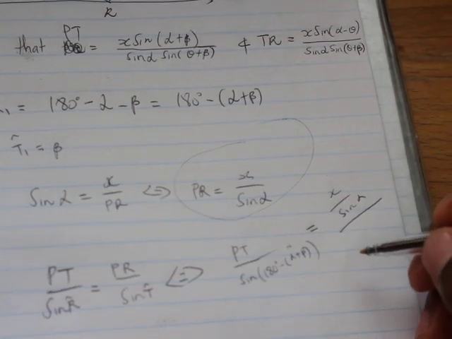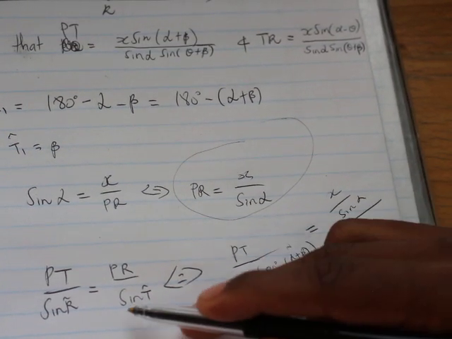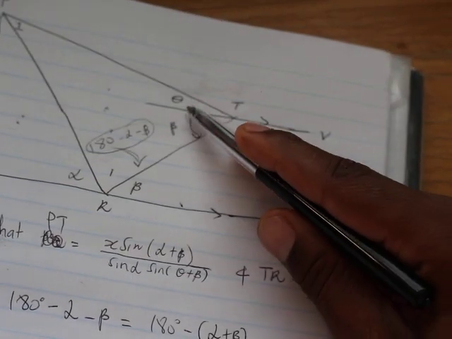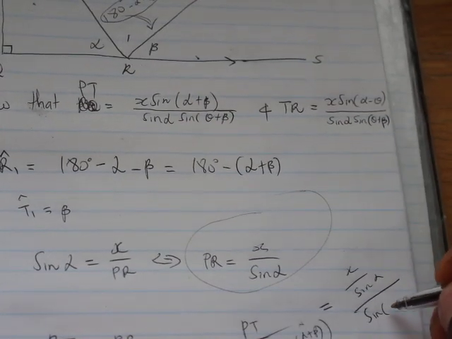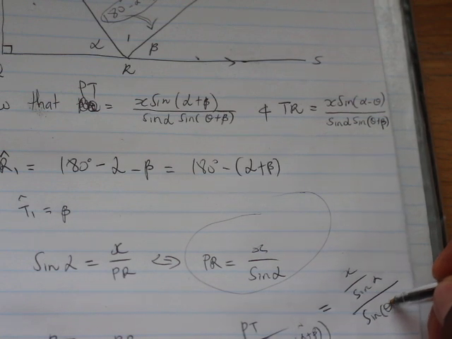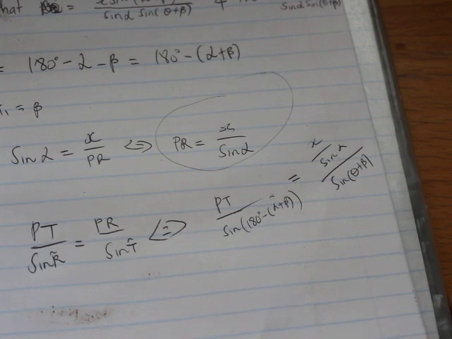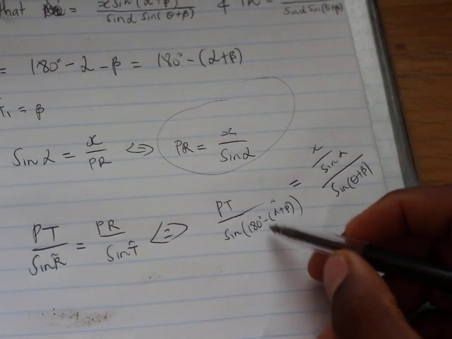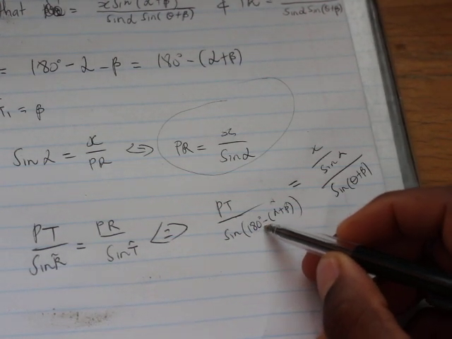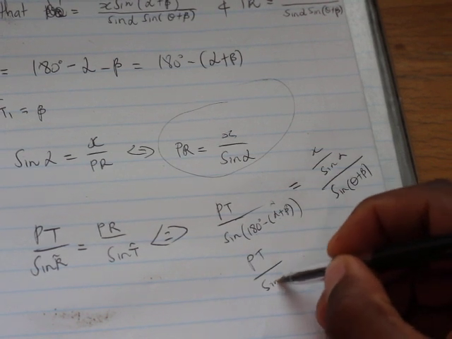And now the sine of angle T is simply the sum of alpha, beta and theta. So the sine of theta plus beta. Now we're ready to simplify. Let's break it down. The sine of 180 minus any angle is simply going to be the sine of what?